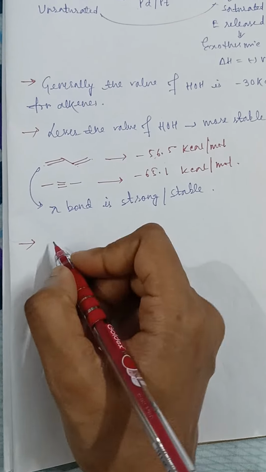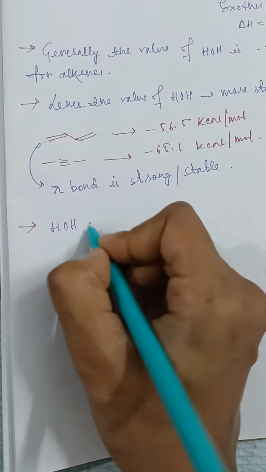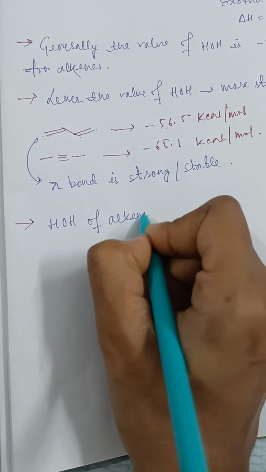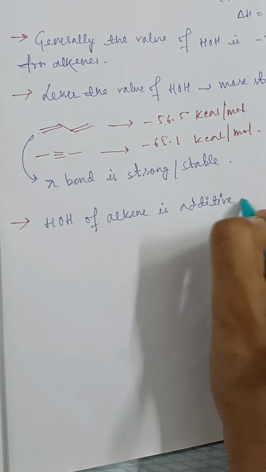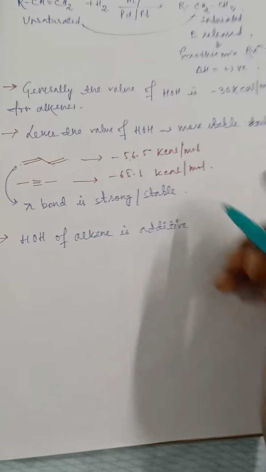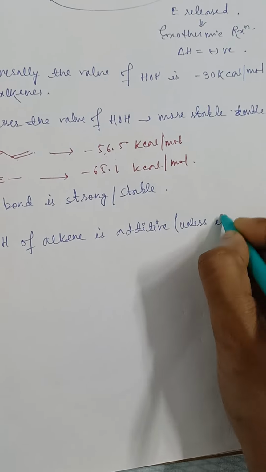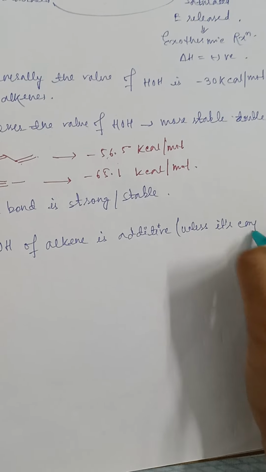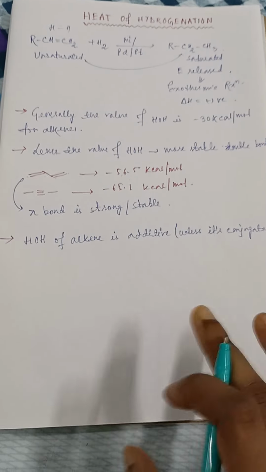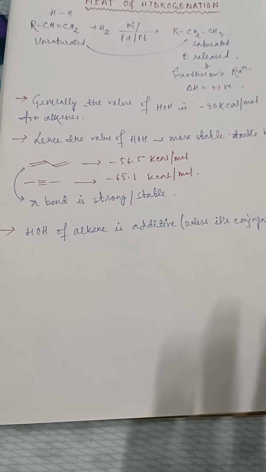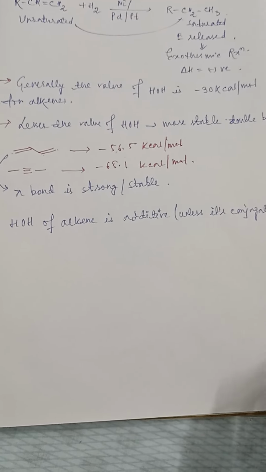Now the next thing is that heat of hydrogenation of alkene is additive, like we can add the values, unless it's conjugated. For conjugated dienes it's not additive, but for those double bonds which are not in conjugation, we can add the value.